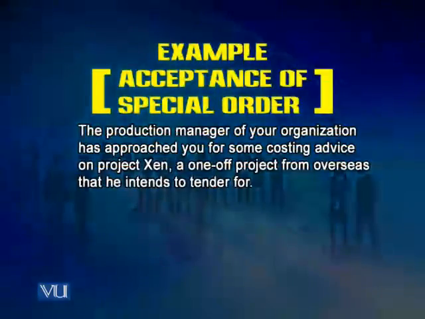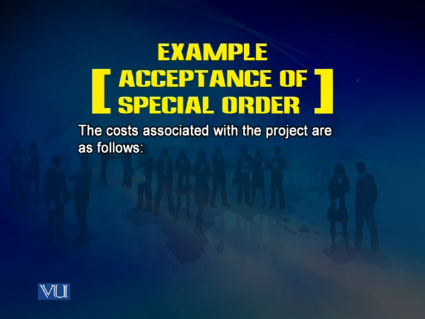Let's look at an example now. Example in case of acceptance of a special order. The production manager of your organization has approached you for some costing advice on project Zen, a one-off project from overseas that he intends to tender for. The costs associated with the project are as follows.